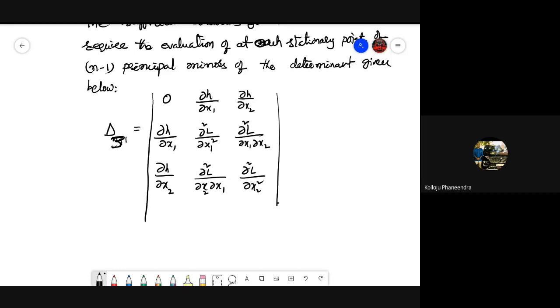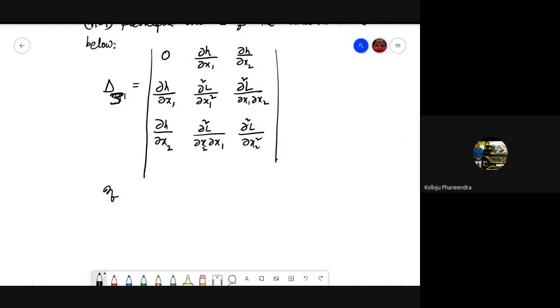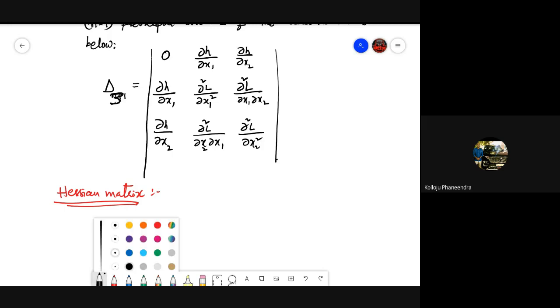After finding this, if this delta 3 is greater than 0, this positive, or you write like this. I will tell one concept of Hessian. See, Hessian matrix. All of you, this is also important to decide maxima and minima.